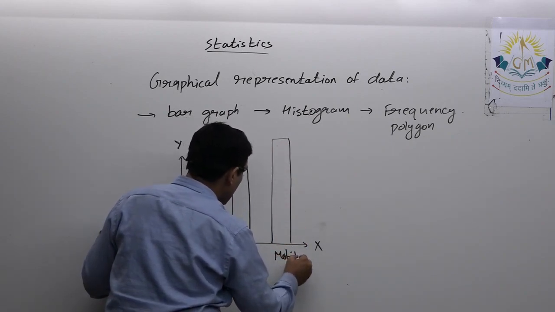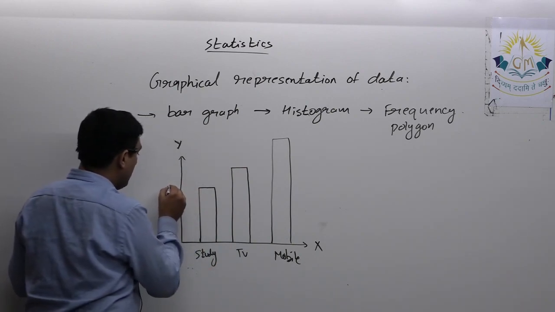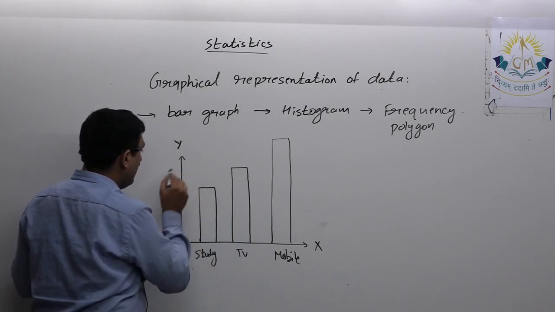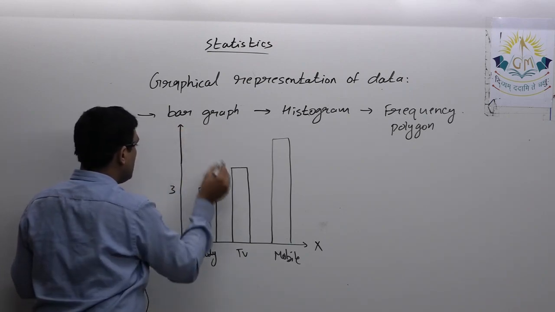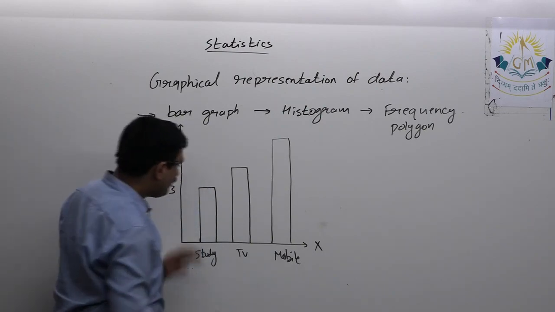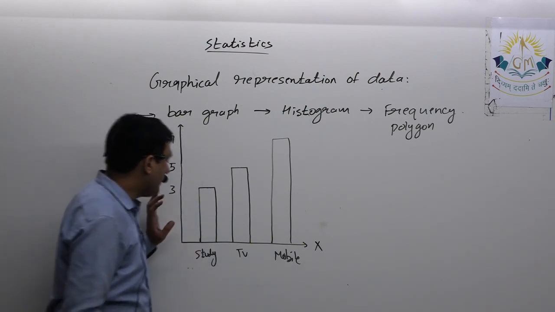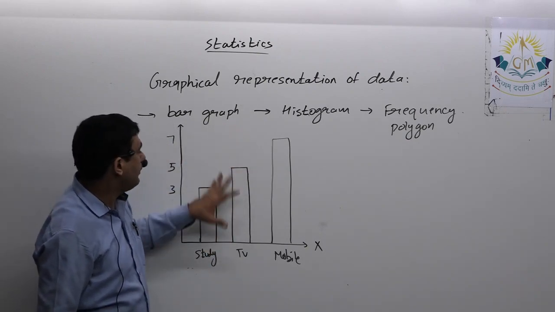Just taking one live example, suppose in hours, this is 3 hours, then this is 5 hours and then this is 7 hours. This is the representation called the bar graph.